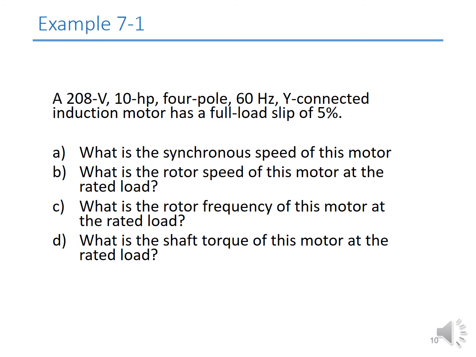The questions are, first, what is the synchronous speed? Then what is the rotor speed of this motor at the rated load? Then what is the rotor frequency at the rated load? And finally, what is the shaft torque of this motor at the rated load? Let's quickly go through the answers.